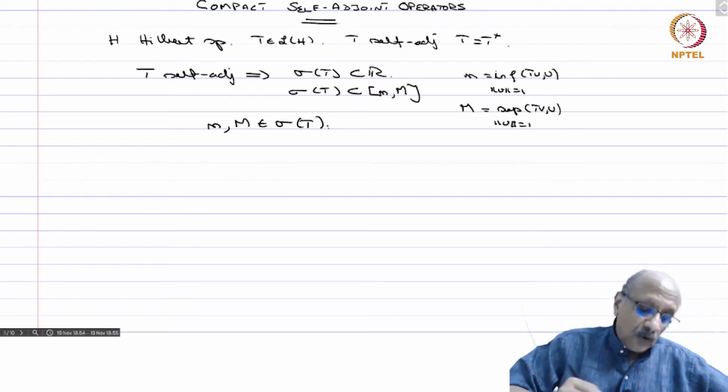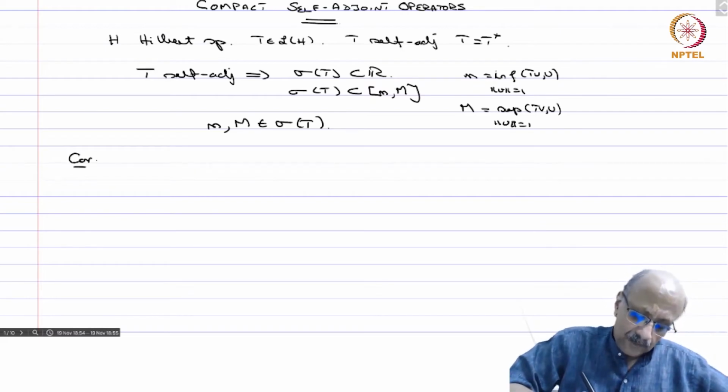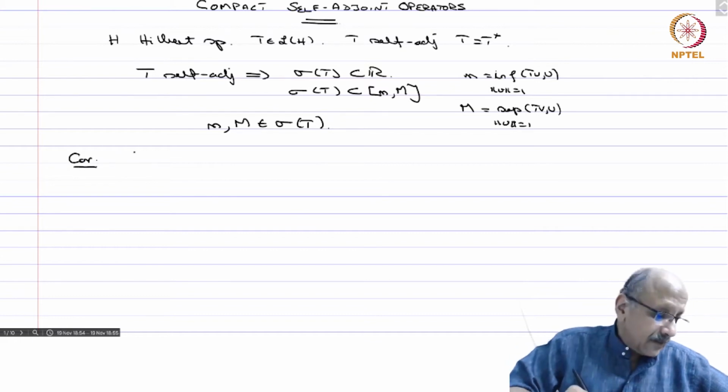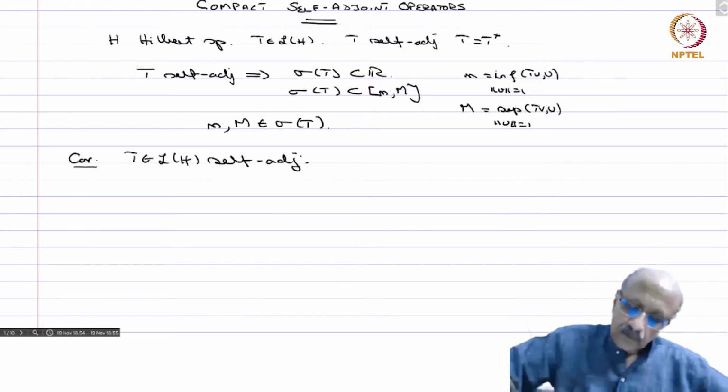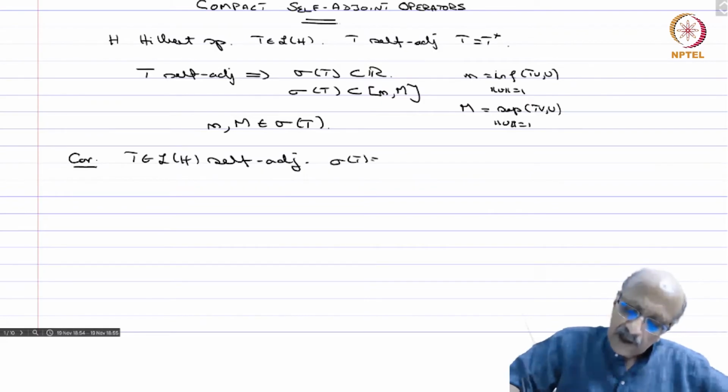Okay, so corollary, T in L(H) self-adjoint and sigma(T) equal to singleton 0 implies T equal to 0.